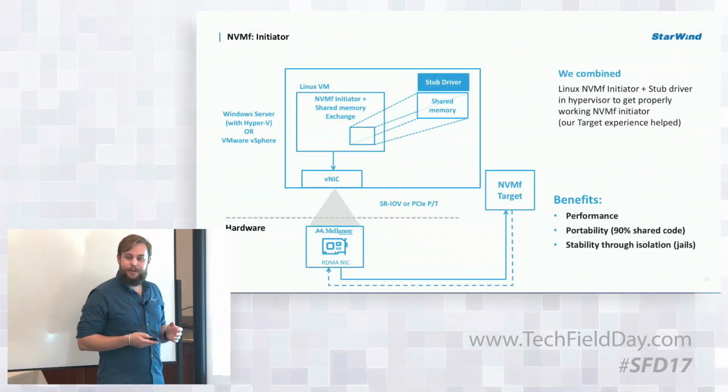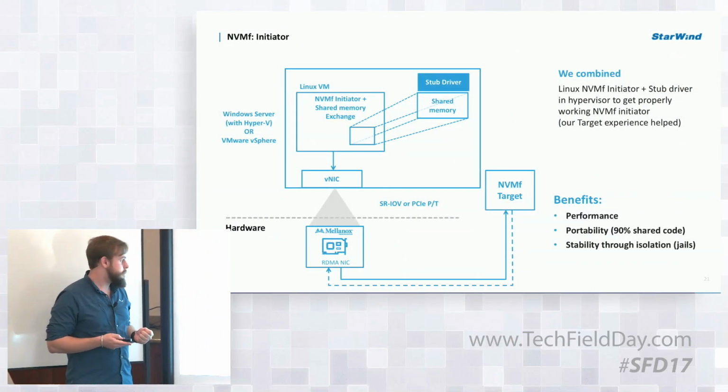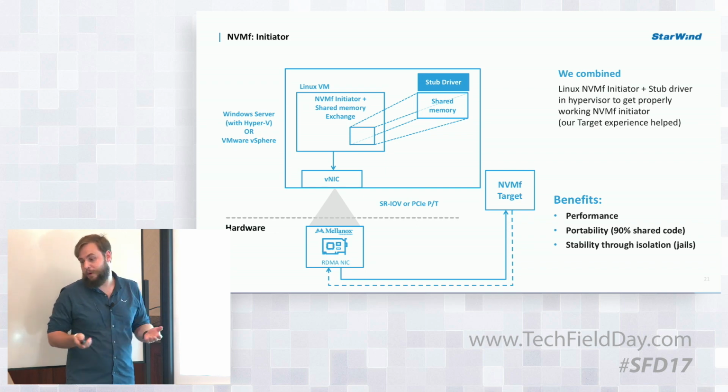I wanted to tell about the stability benefit, because you know that if something happens to an iSCSI connection in vSphere or in Microsoft, they don't really like when the storage is suddenly going away or the storage driver fails. In case of Microsoft, it's going to be the blue screen. In case of VMware, well, it's a purple one.